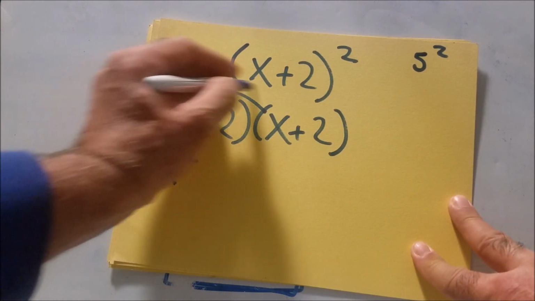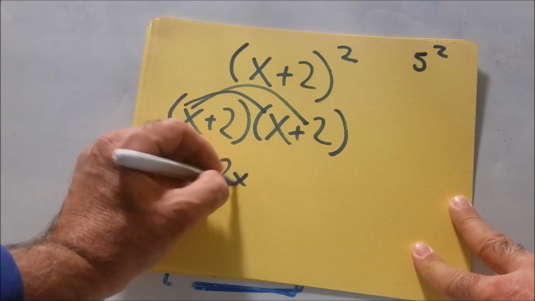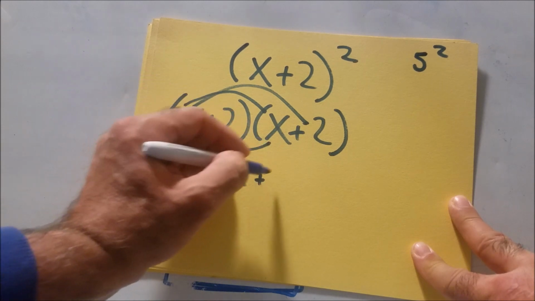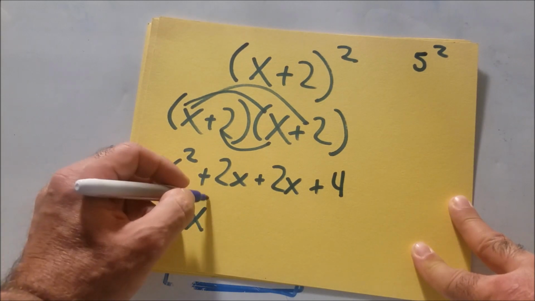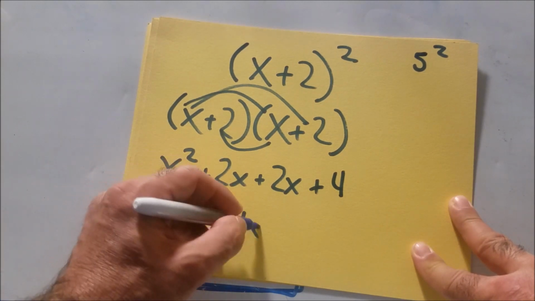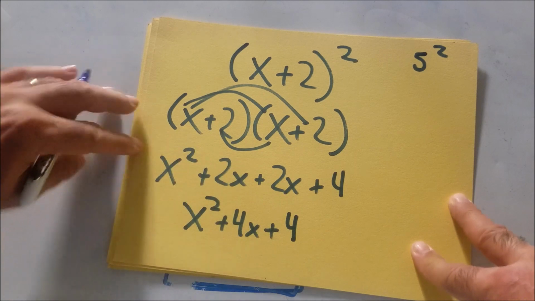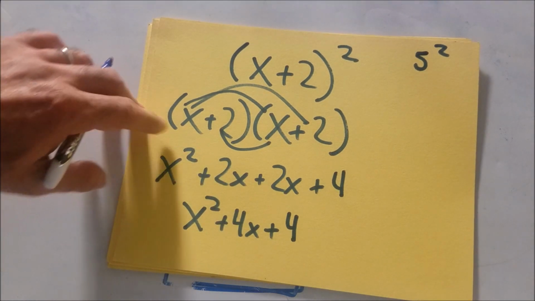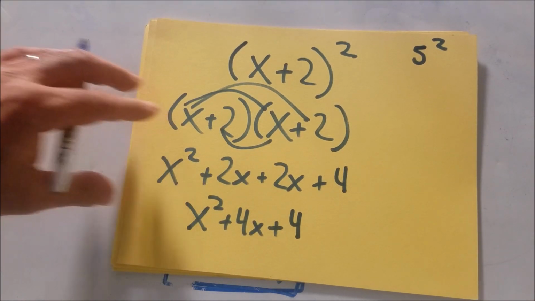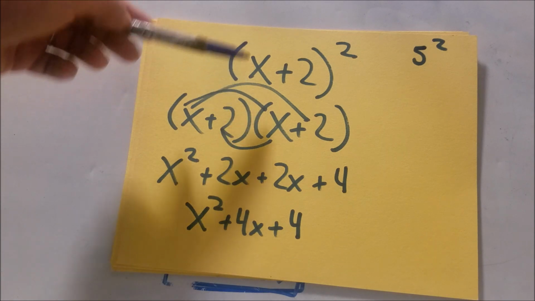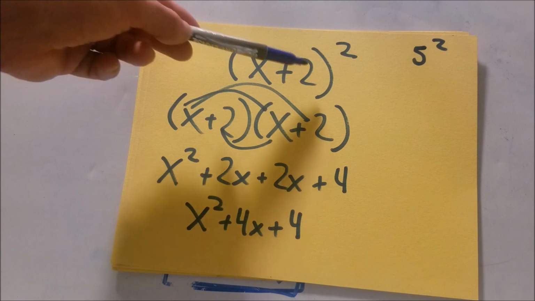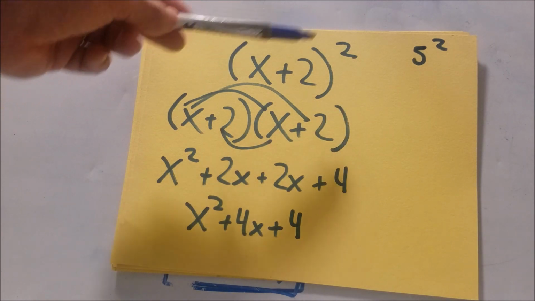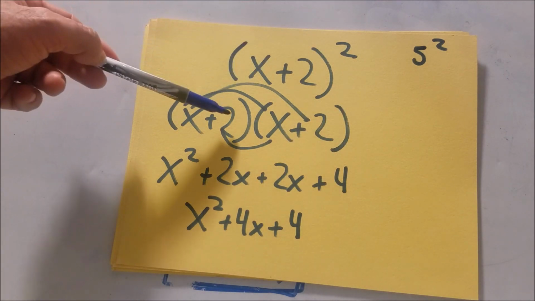X times 2, 2x. 2x. And combine like terms, we're going to have x squared plus 4x plus 4. So this is squaring binomials. It's like repeated multiplication. It's x plus 2 times x plus 2.